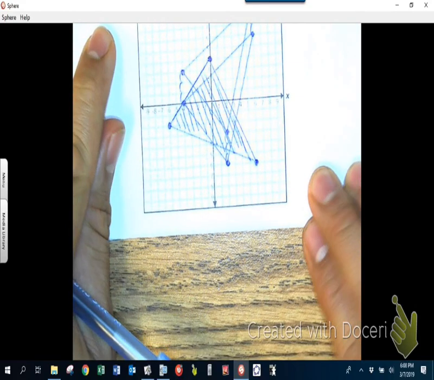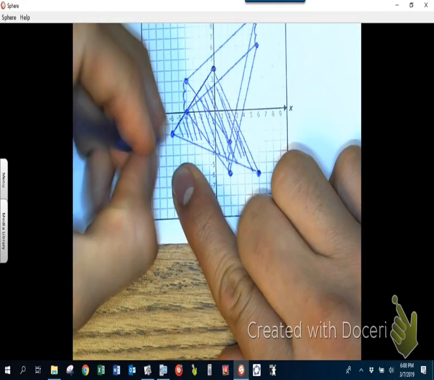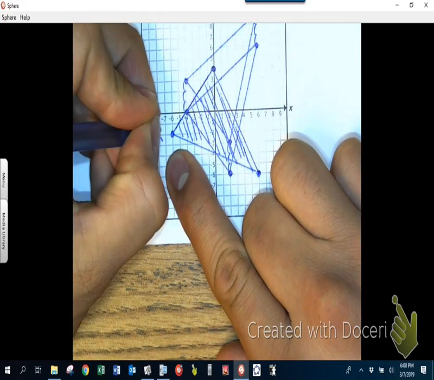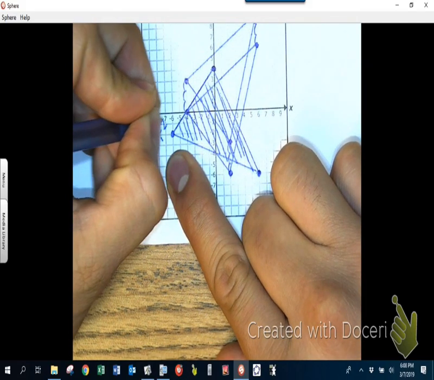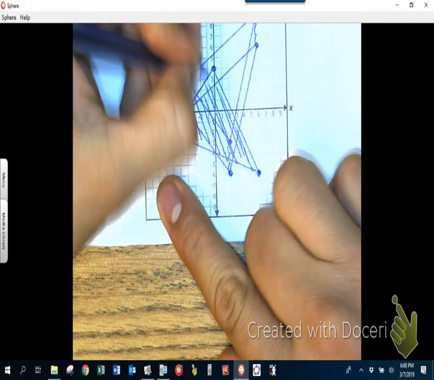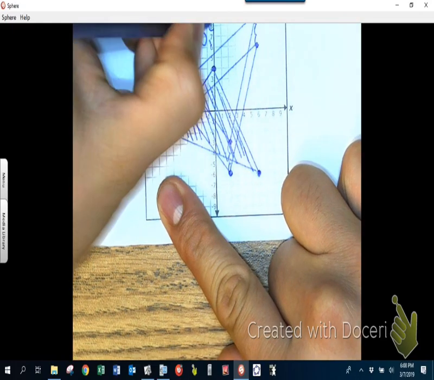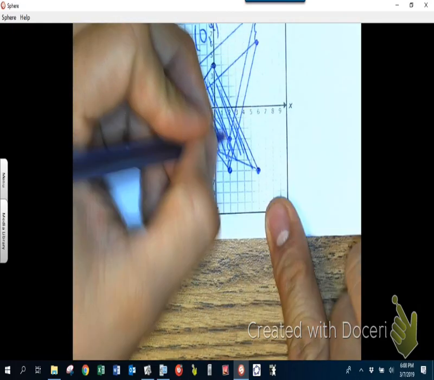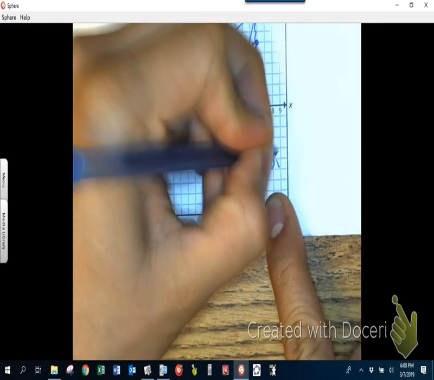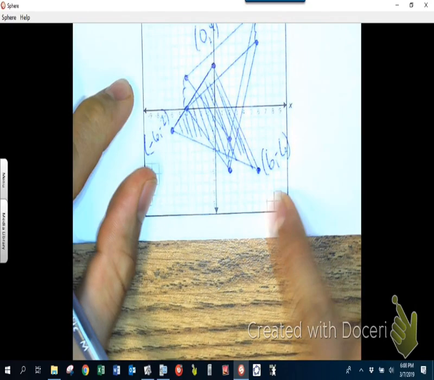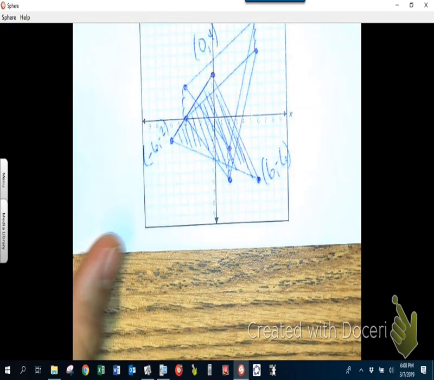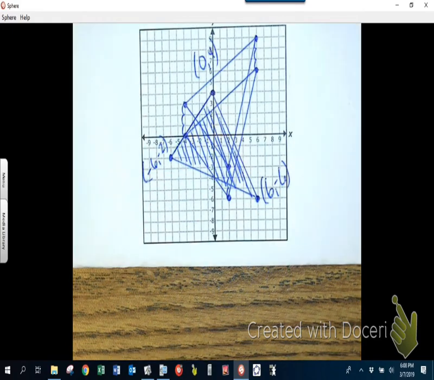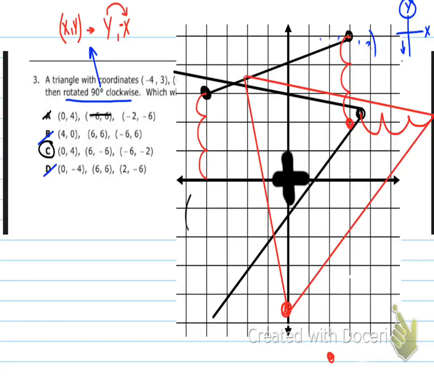So my final answers would be -6, -2, 0, 4, and 6, -6. If I take this work back to my original problem, it does come out. My answer would still end up being C, if you can follow all that.